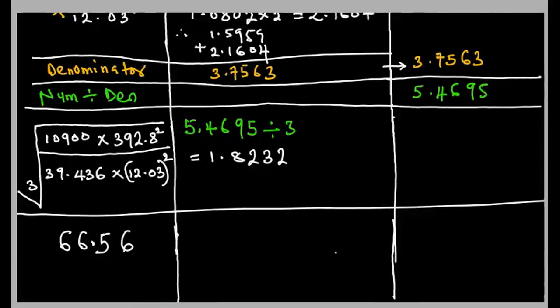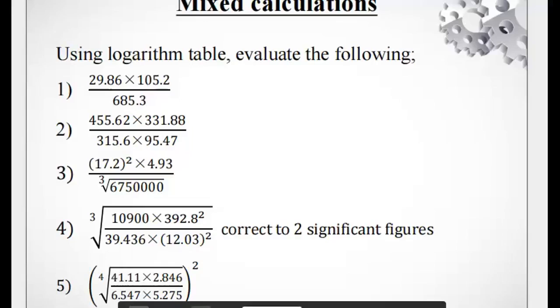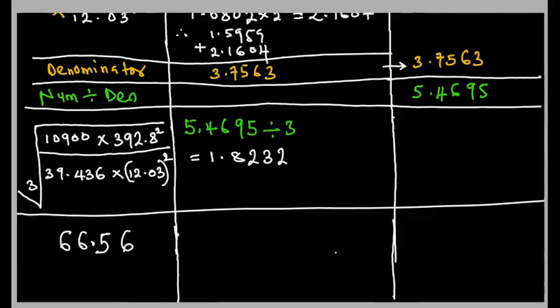66.56. Although from the question we are asked to round to 2 significant figures. For this question, 6 is the first significant figure, 6 also is the second, 5 is the third, and 6 is the fourth. We are asked to approximate to 2 significant figures, and the second significant figure here is 6.